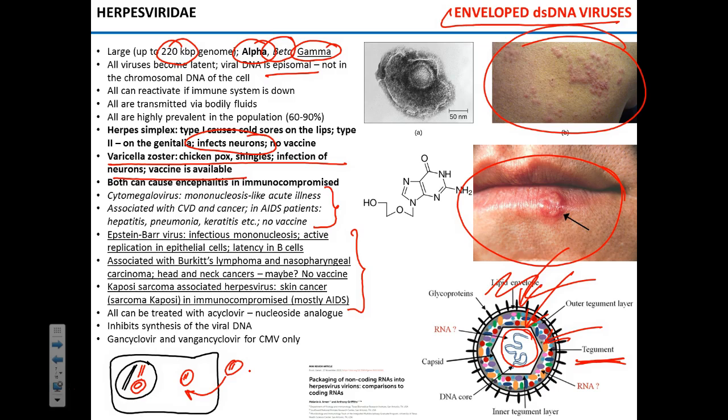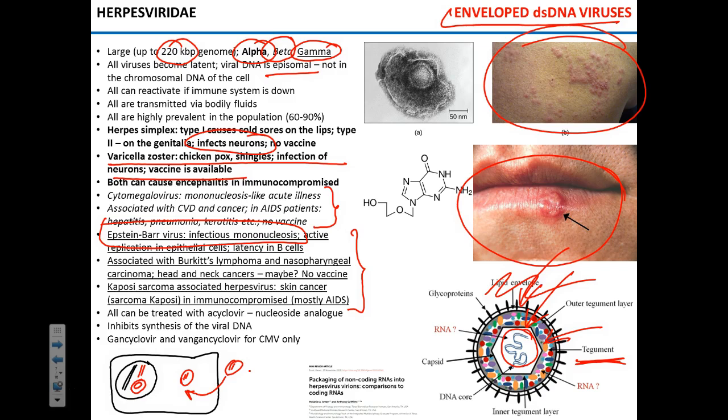Now, Epstein-Barr. Here we go. Mono, the causative agent of infectious mononucleosis. Infectious mononucleosis is pretty much fatigue, fever, accumulation of white blood cells, and enlargement of the lymph nodes.